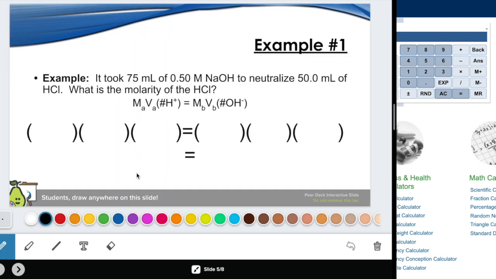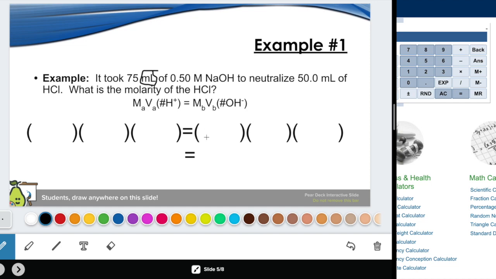So let's look at our first equation. It took 75 milliliters of 0.5 molar NaOH to neutralize 50 milliliters of hydrochloric acid. What is the molarity of hydrochloric acid? So the first thing we're going to do is put in our numbers. The first number that we have is 75, and it's 75 milliliters.